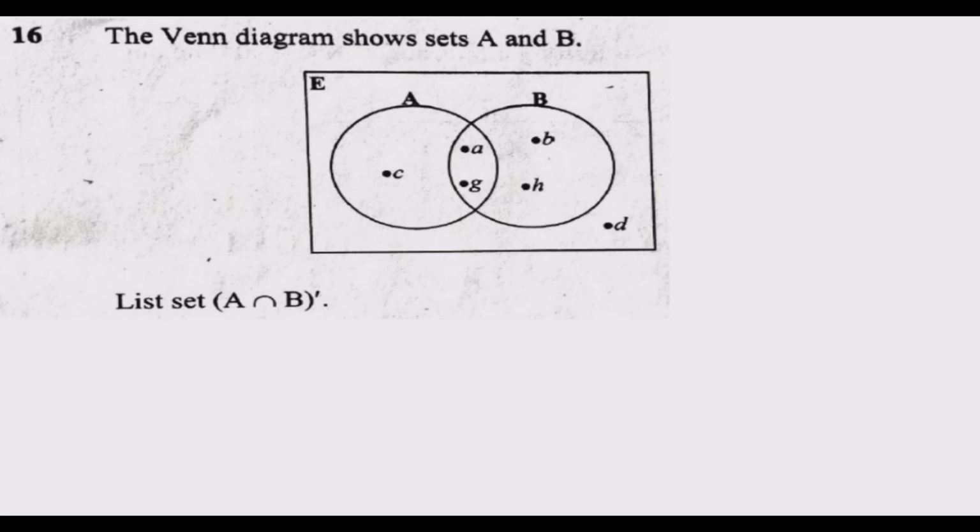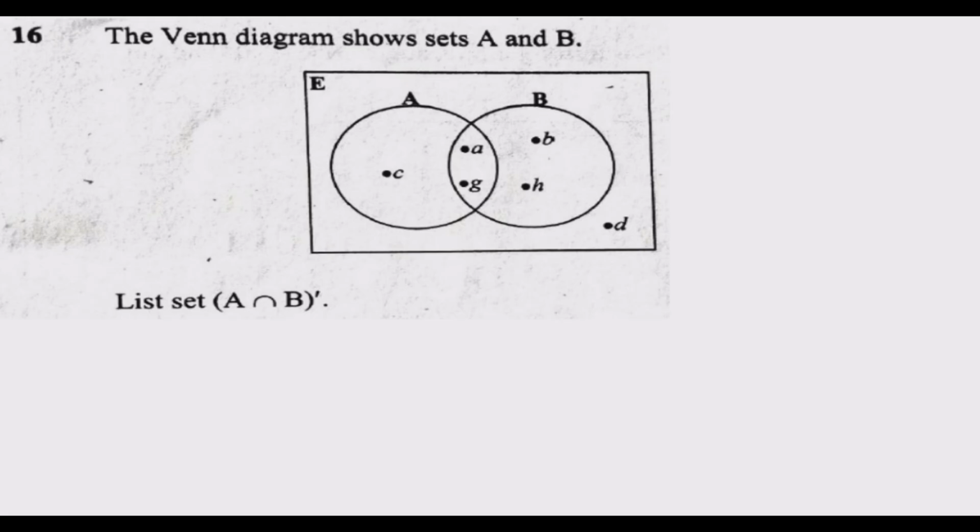We can see that on the intersection part we have A and G, which are found in both A and B. And we have D, which is not a member of A or B. The actual question down here is: list A intersection B complement. To do this, first we need to identify the intersection of A and B.